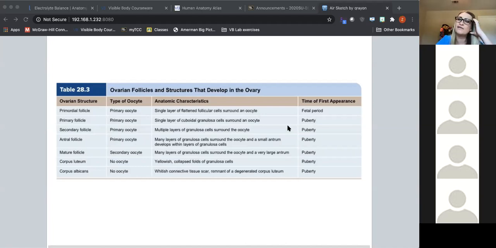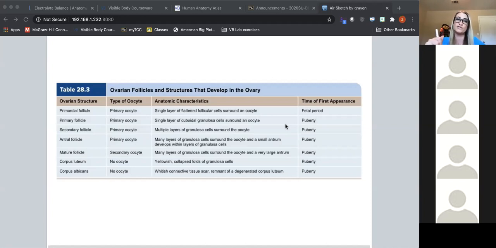Talking about the meiosis and what happens to this follicle, we said that after meiosis 1, we get that secondary oocyte, that's going to be your large cell, and then you get the small cell, that's polar body, that will die. Then the secondary oocyte will enter meiosis 2, but it's not going to complete it unless it is fertilized.